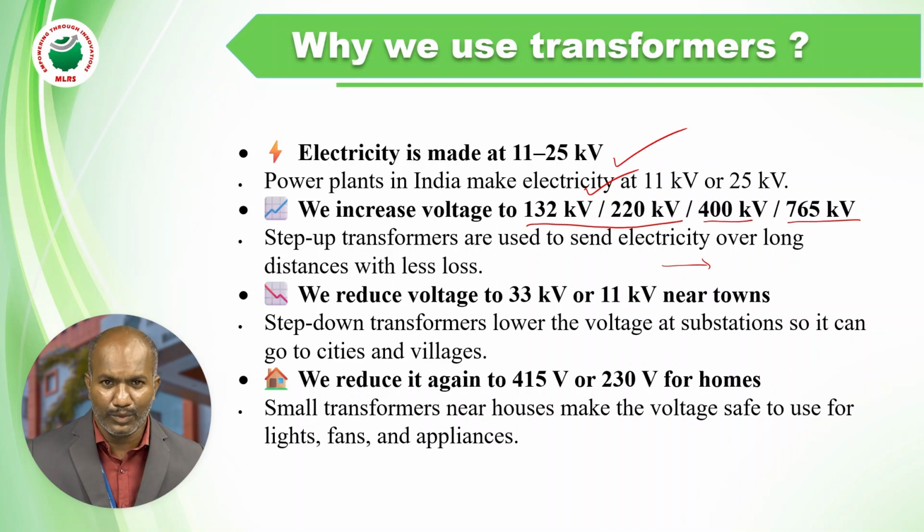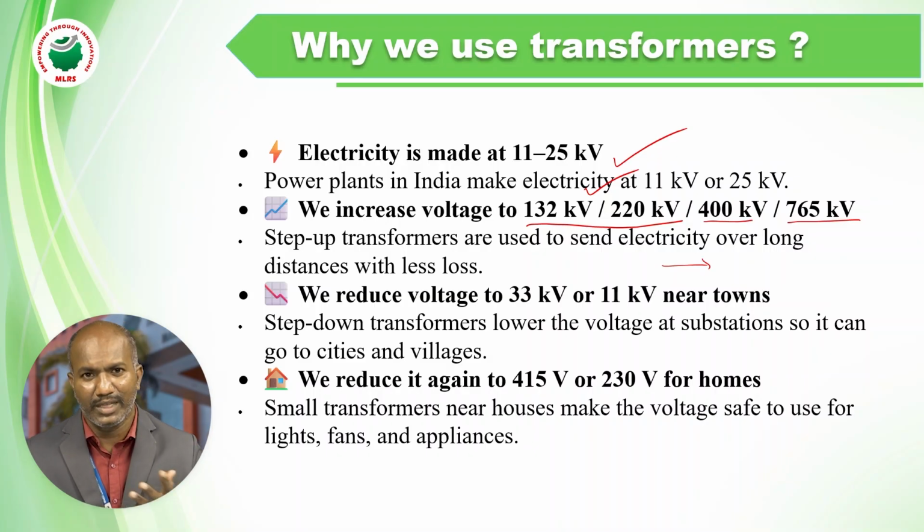So what do we have to do? Suppose we reduce the current level, then we can reduce the copper losses in the transmission line. By decreasing the current level, we also reduce the size of the conductor. This job is done by using transformers.